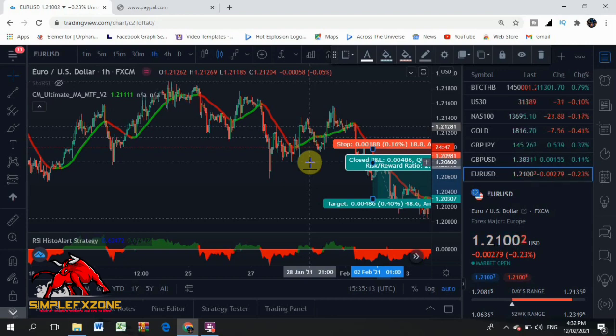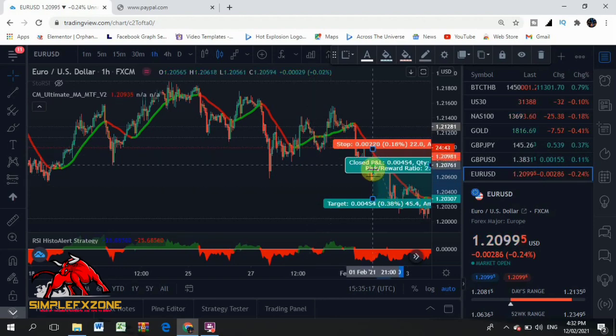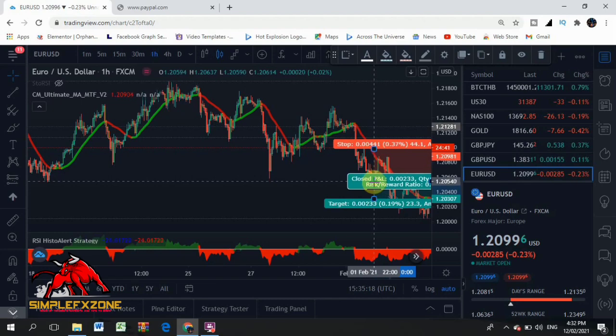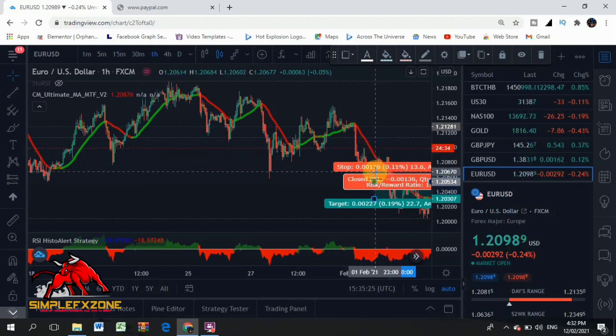So when the market still moves down, you will move it to the next break even, just like this. The next one, the next one is here. We will move it down. So when the market reacts somehow, it will cut you out in profit, not in losses. So you have to be aware of that also.